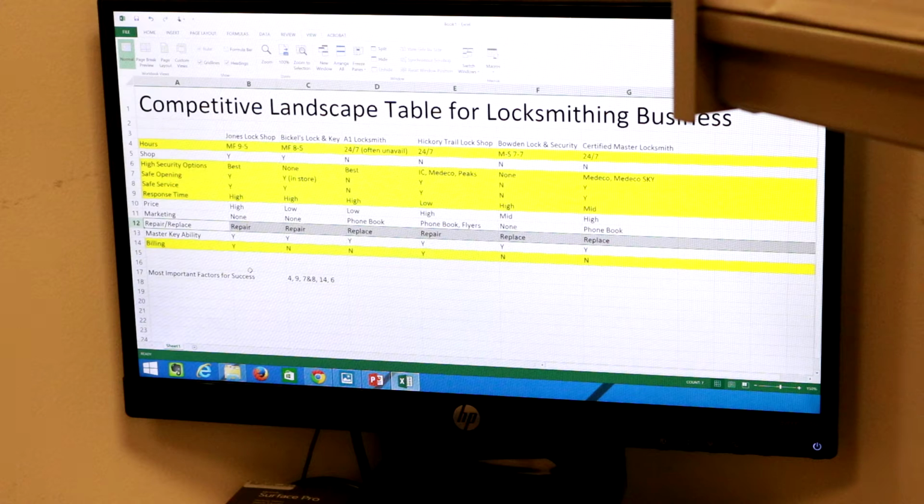The one exception was Hickory Trail Lock Shop, which is the lock shop that I eventually came to own. He made a lot more money off of repairing products, but he had made an extensive investment for years and years.